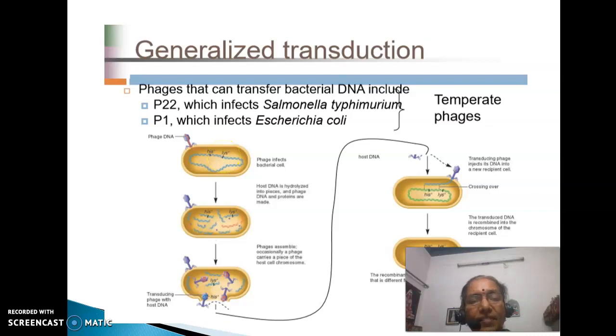So when the phage infects the bacterial cell, as I have explained, the host DNA is hydrolyzed into small pieces, and the viral DNA replicates. Now when the viral DNA is getting packed, instead of packing the viral DNA, by mistake, sometimes the bacterial genes are packed into the viral coat. So this is how a transductant is being generated. This happens very rarely, but it happens.